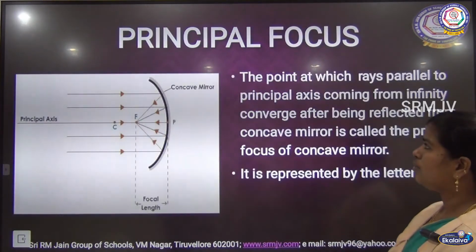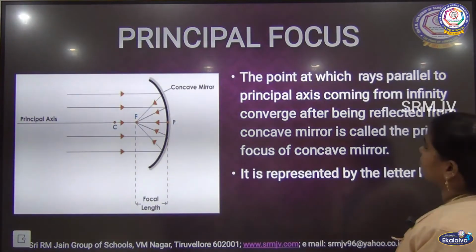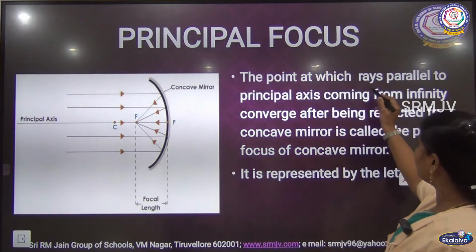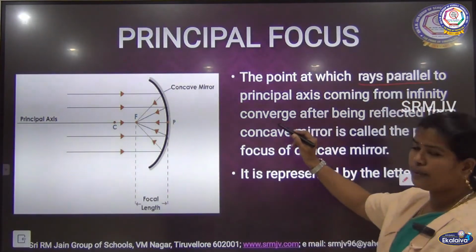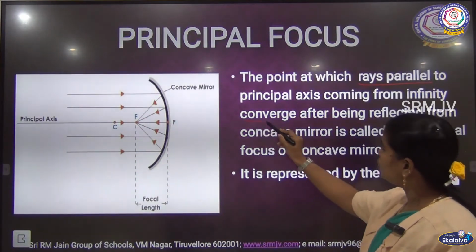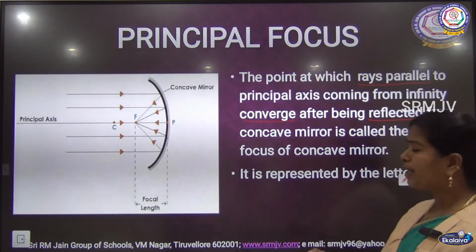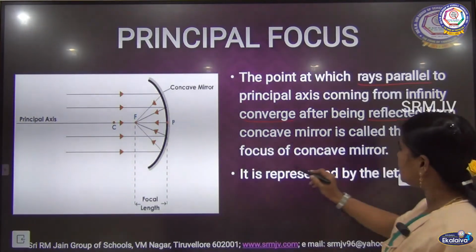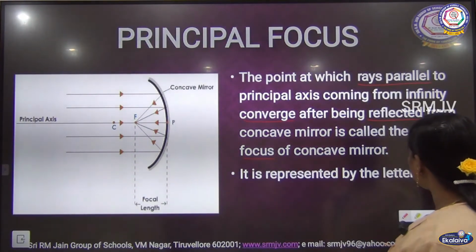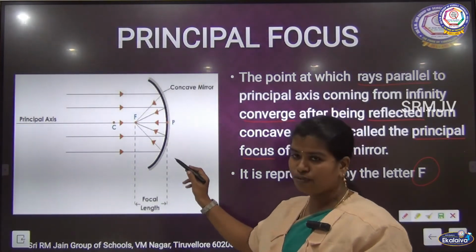The next term is principal focus. The point at which rays parallel to the principal axis coming from infinity converge after being reflected from a concave mirror is called the principal focus, and it is denoted with the capital letter F. Look at this picture of a concave mirror.